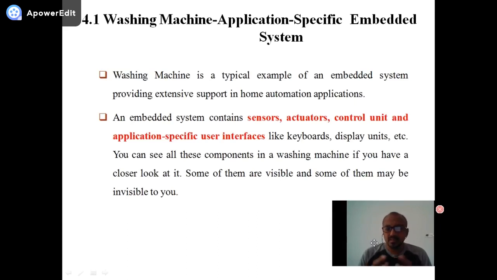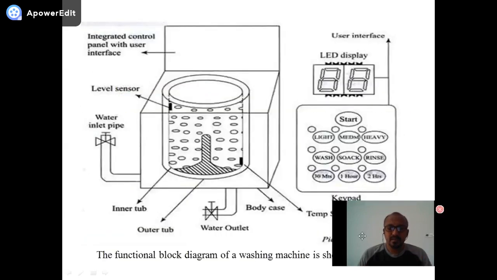A washing machine is a typical example of an embedded system providing sensitive support in home automation appliances. This embedded system is built around a microcontroller, and it contains sensors, actuators, a control unit, and keypads.